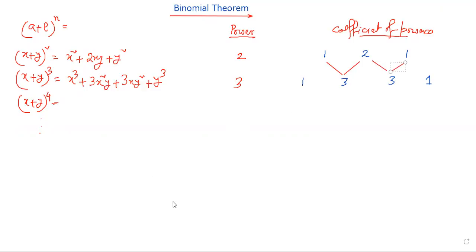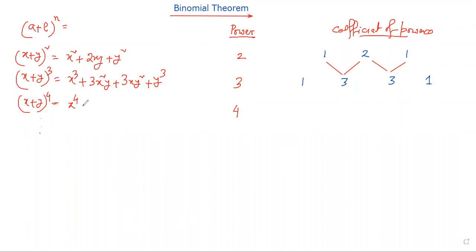Now I need to go for the power 4. In which way can I go on writing the coefficients? The first term would be x to the power 4 because the maximum power is 4.